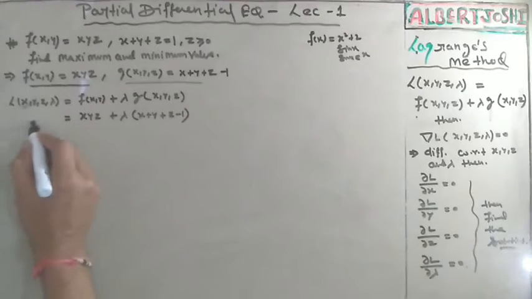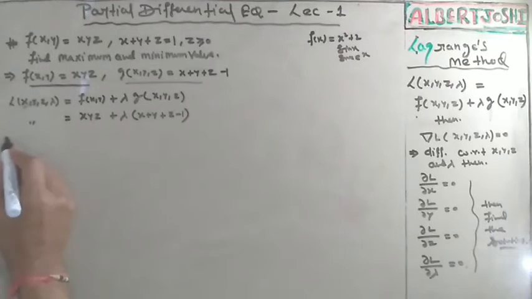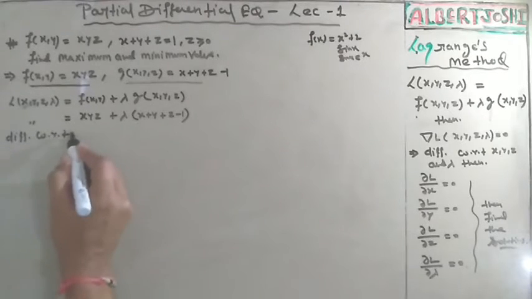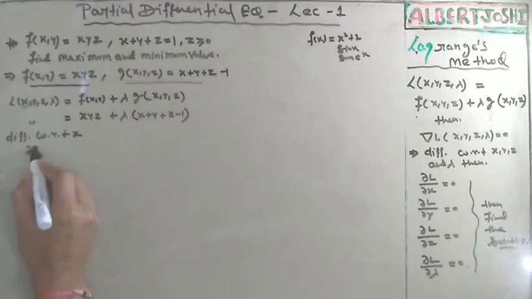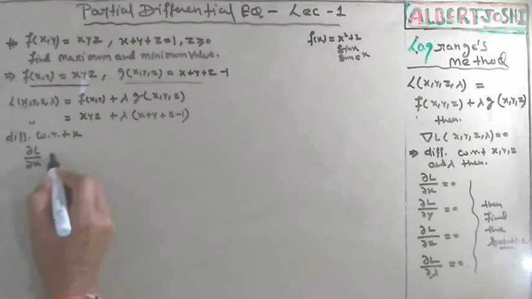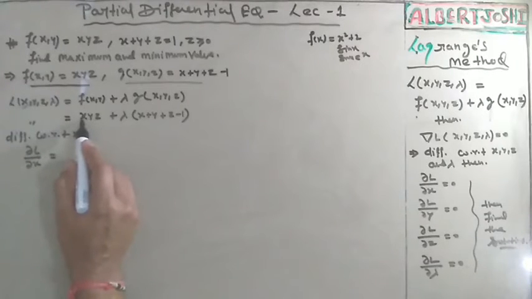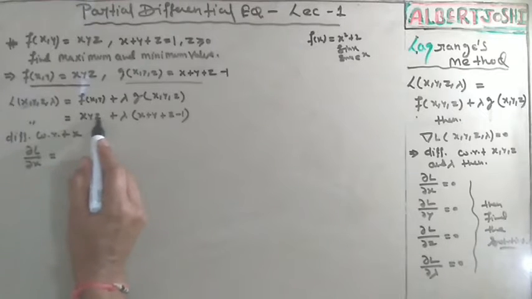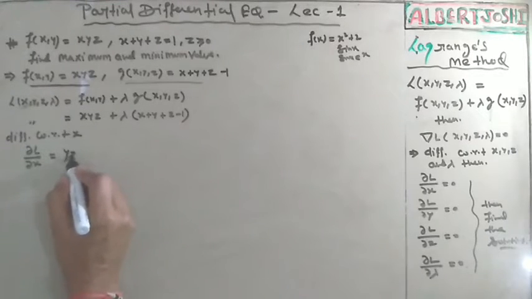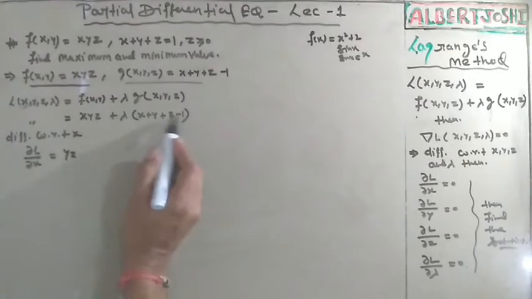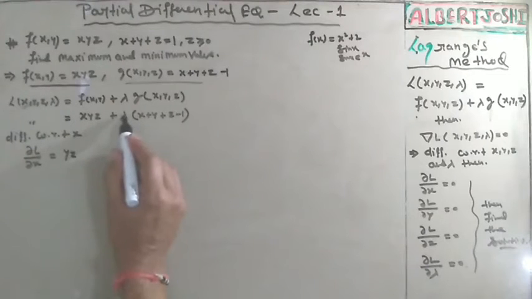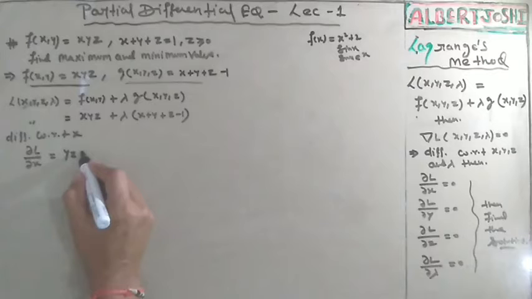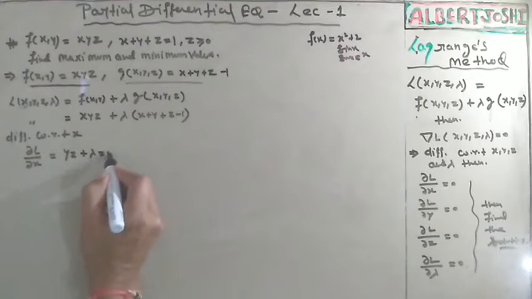Now we will differentiate with respect to x. Del L upon del x: if you differentiate with respect to x, y and z are treated as constants, so you get yz, plus lambda, which is equal to 0.